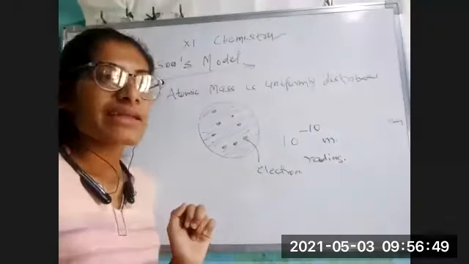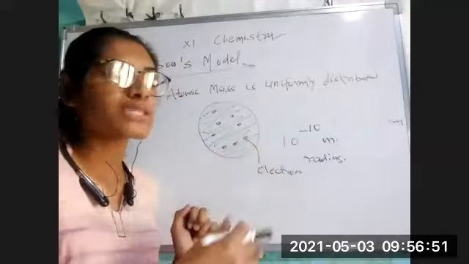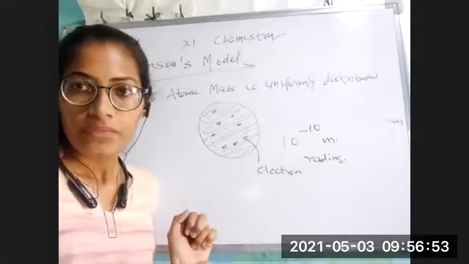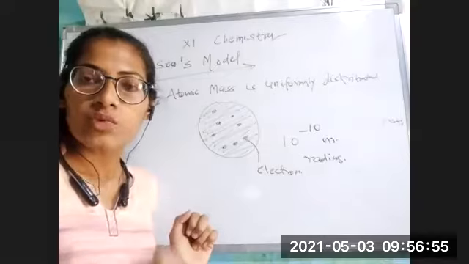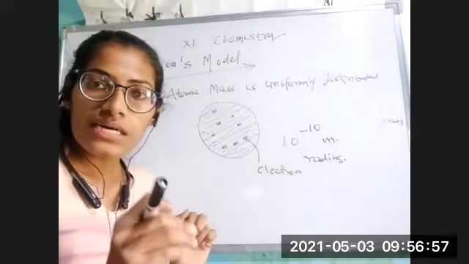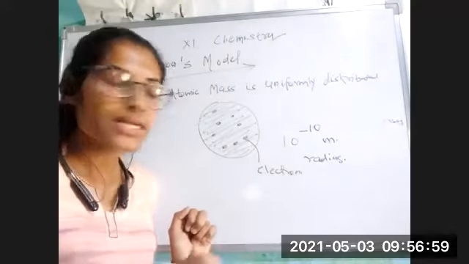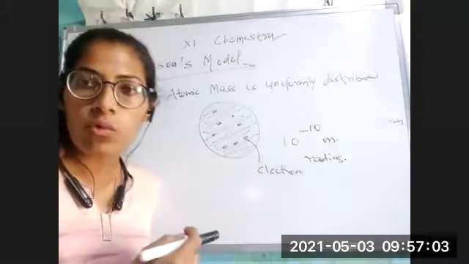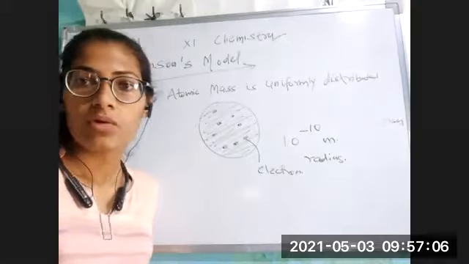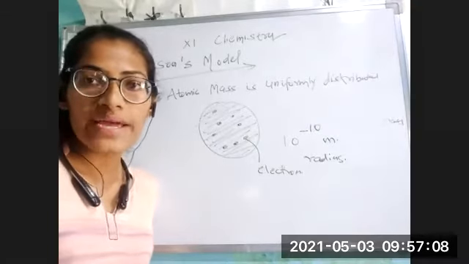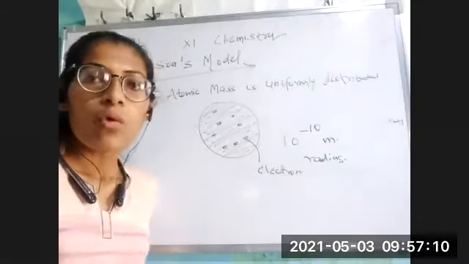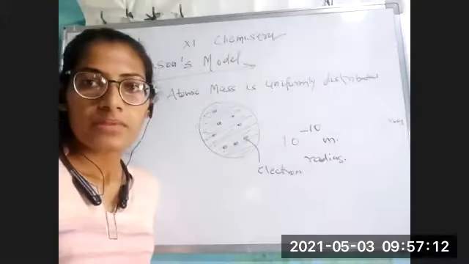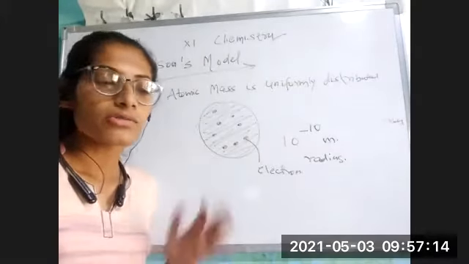In the watermelon, the red part that we eat shows the positive part, and the black seeds are the electrons according to Thomson. So this is also known as the watermelon model or Thomson's model of atom.